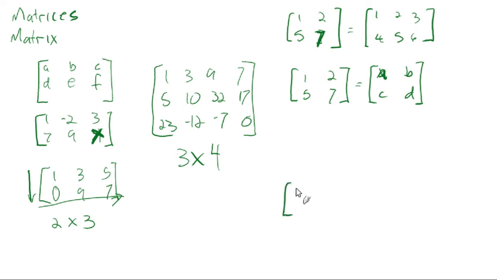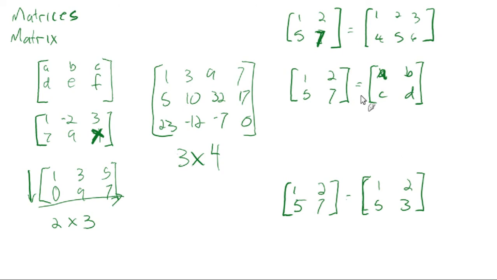Would you believe me if I said 1, 2, 5, 7 is equal to 1, 2, 5, 3? Are those equal? No. Even though you don't know the technical definition of equality of matrices, it doesn't make any sense. 7 and 3 should be the same.